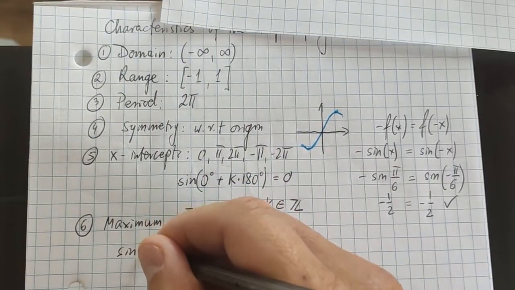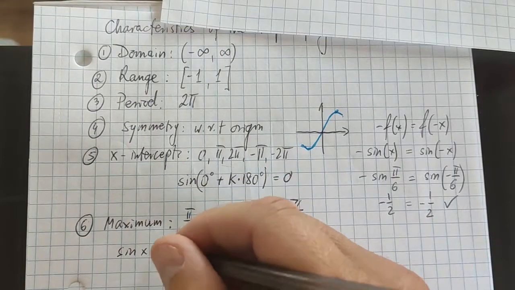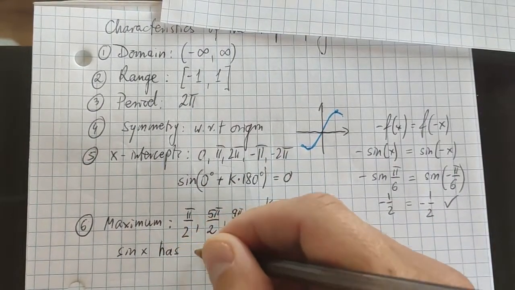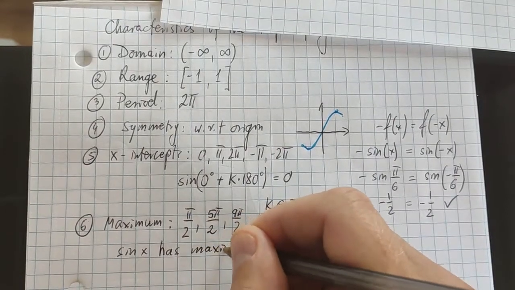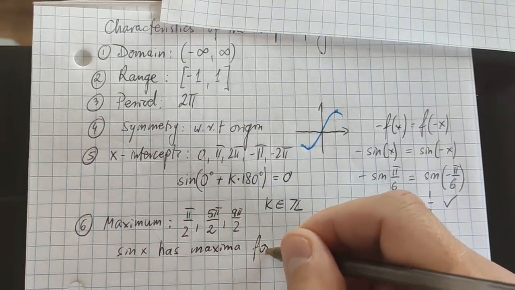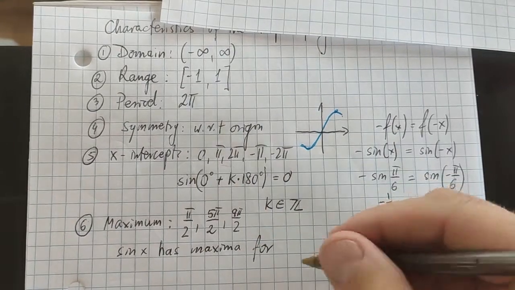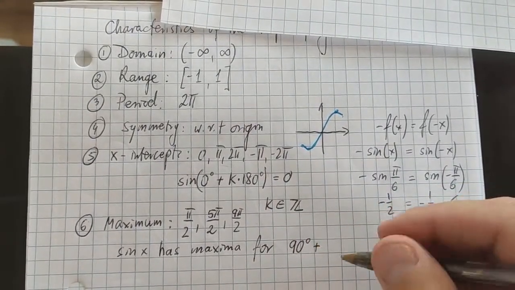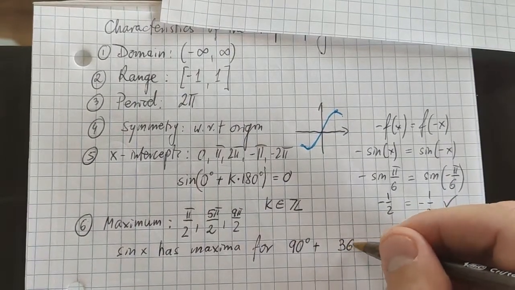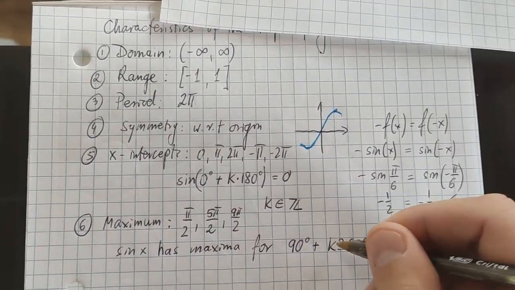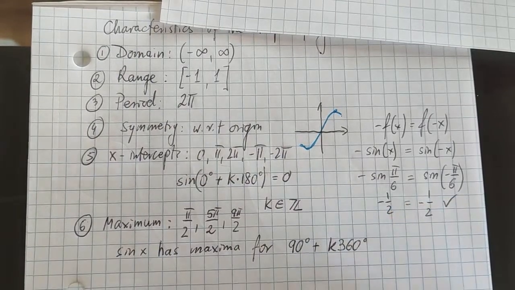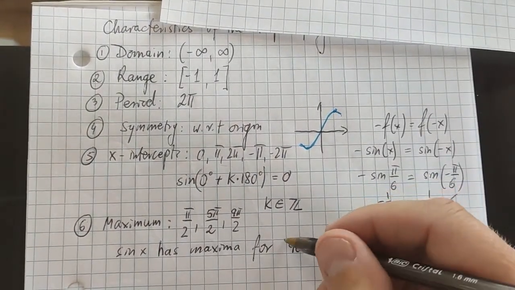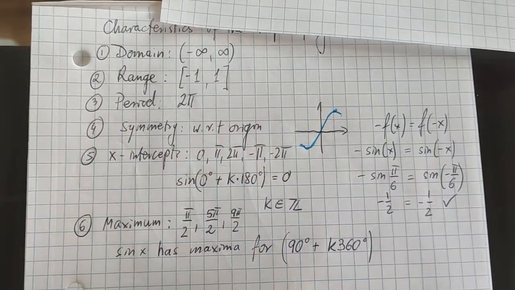Sine of x has maxima for pi over 2, or 90 degrees, plus every 360, but then I still need that integer here. Hope you understand what's going on here.